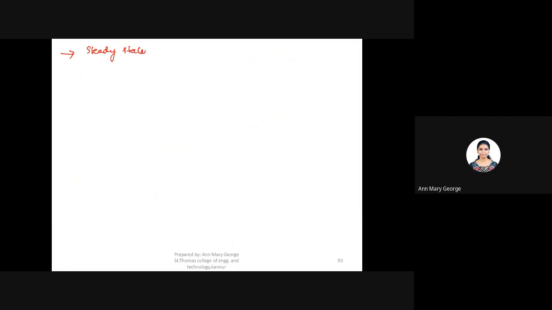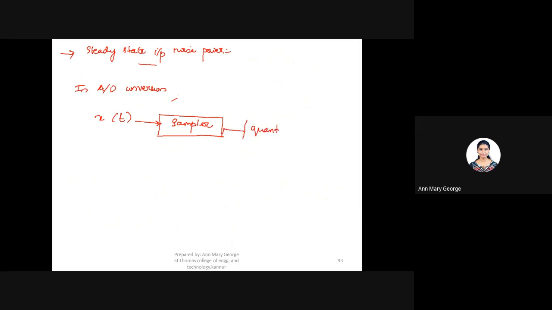In analog to digital conversion, x of t is given to a sampler and then a quantizer. This is the basic block diagram of ADC, or analog to digital conversion.